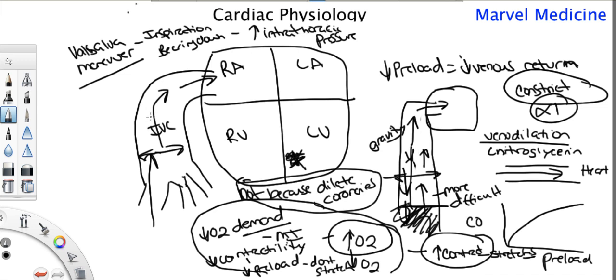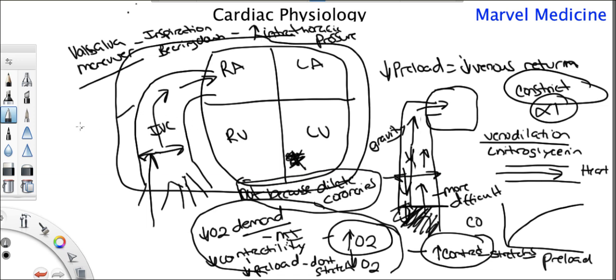The way it does this is because the IVC, the right atrium, all these structures are located in your thorax, okay? If I increase the pressure here all throughout my thorax, what is it going to do? It's going to constrict the IVC. It's going to constrict the right atrium, right?